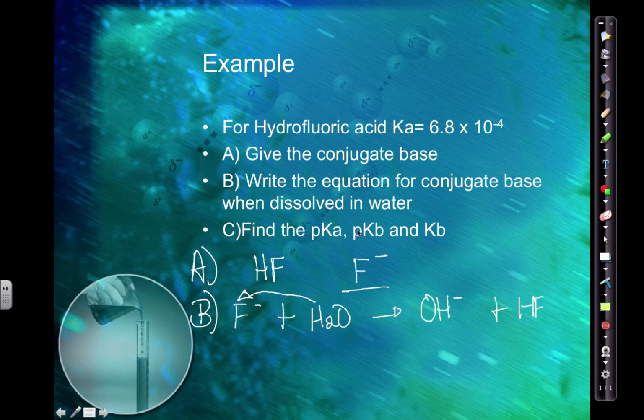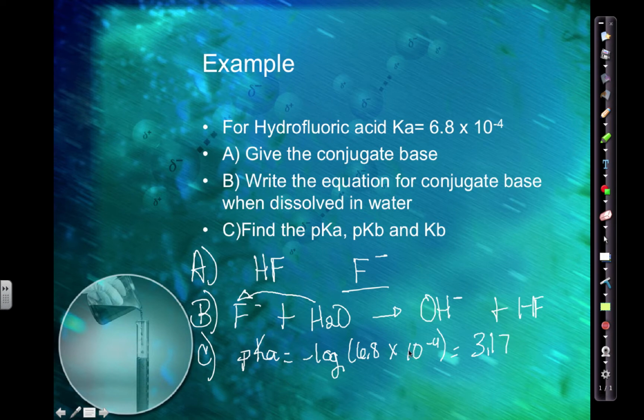Well, pKa, it was easy. I was given Ka, so I can just simply plug it in for that. So pKa is equal to the negative log of Ka, which is 6.8 times 10 to the negative 4, and that's 3.17.